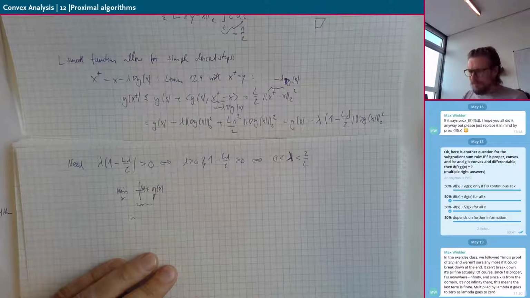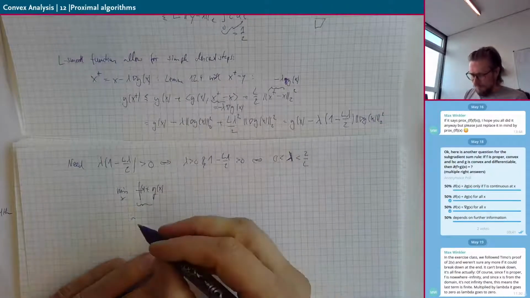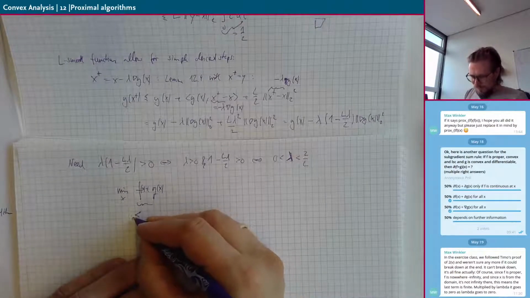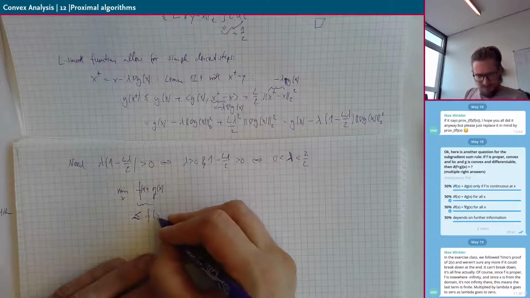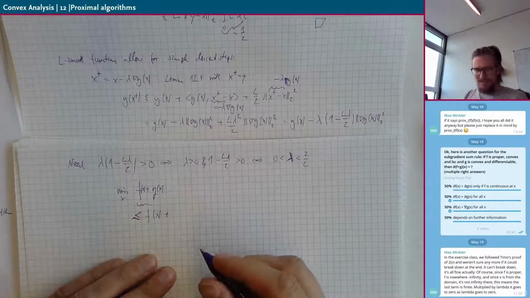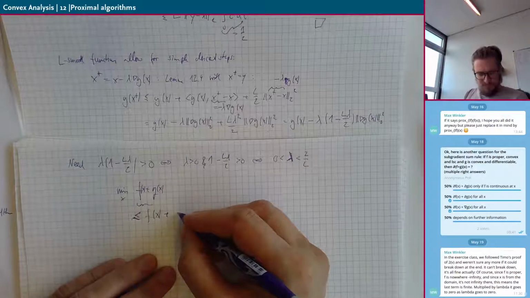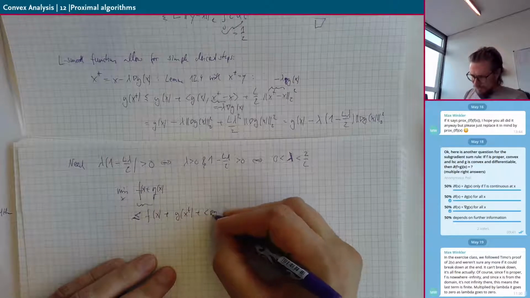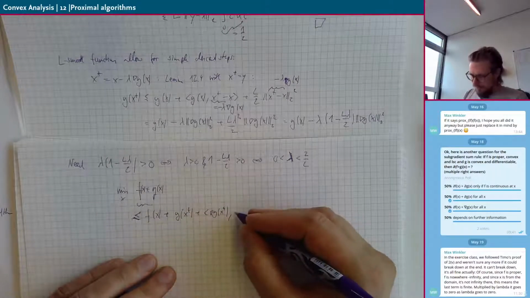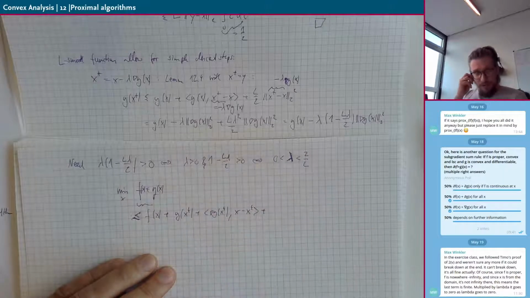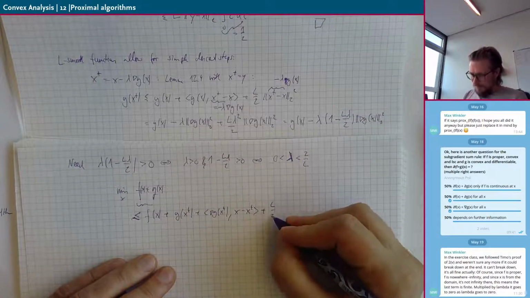Yes, it's an upper bound. So by the previous lemma, we have not an approximation, but even an upper bound by f of x plus, and then we replace this by the linearization at the given xk, which means we get g of xk plus gradient g of xk times x minus xk, and to get an upper bound, we have to add this L term here.